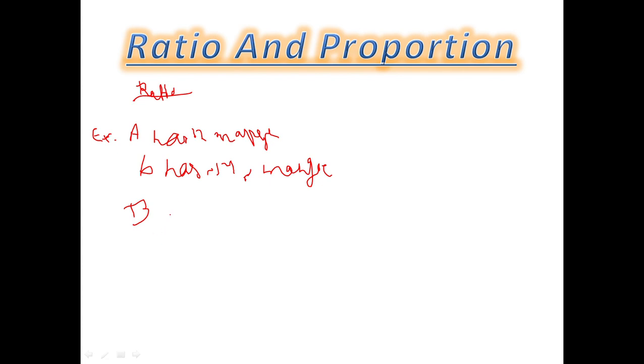So B has more than A. Another way is to ask how many more there are. That is two. We have two more mangoes.